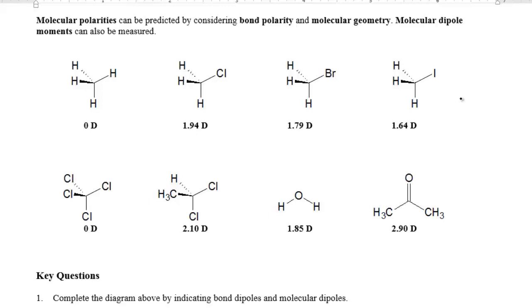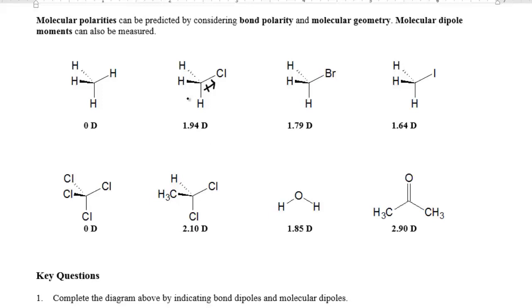If we consider, however, the chloromethane, which is the next molecule on the right, we know that the carbon-chlorine bond is indeed polar, where chlorine, being more electronegative than carbon, we would say that the chlorine is delta negative and the carbon is delta positive. And I'm going to draw a bond dipole in the direction of the chlorine. I'm going to consider that the hydrogen-carbon bonds are essentially nonpolar.